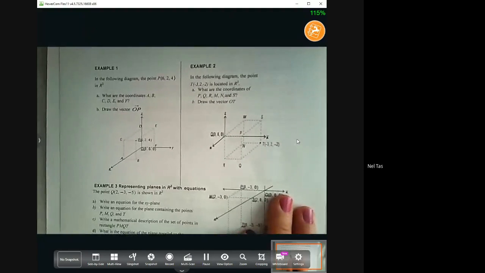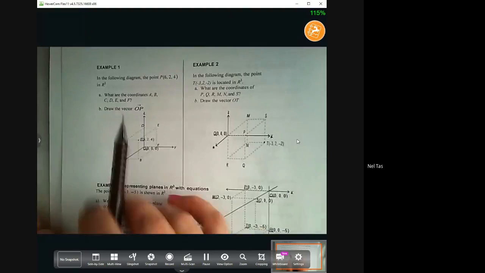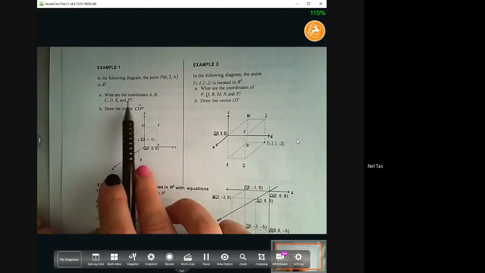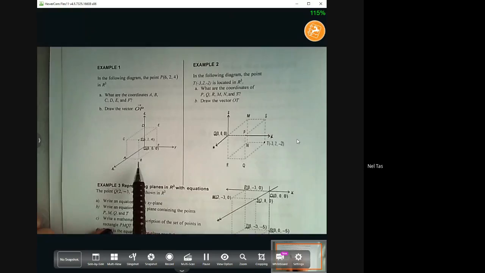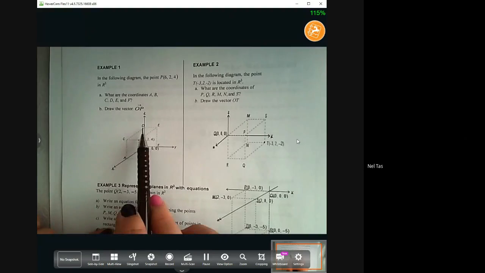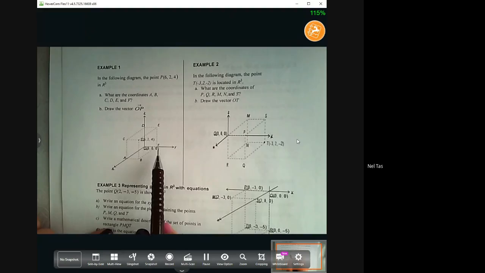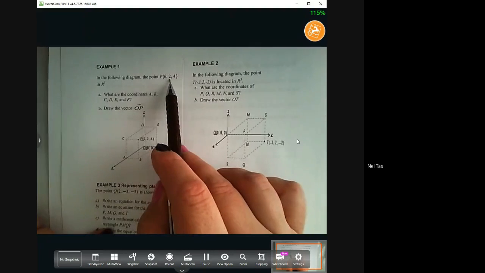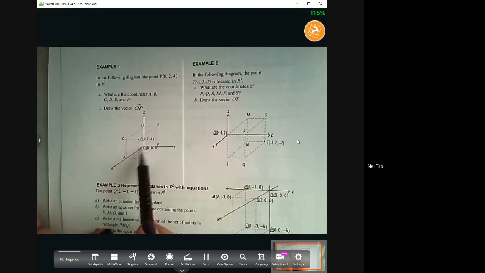Okay, so in the following diagram, the point P (6, 2, 4) is given. What are the coordinates of points A, B, C, D, E, and F? That's what we're going to look at. So this is the x-axis.